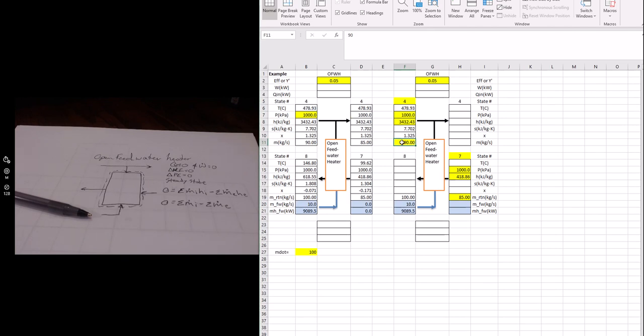So I have this mass flow rate minus 5% of this, the total mass flow in the power plant. So I'm going to do this one first. So equals this minus 5% of this total flow rate. And that's just how we define the fraction of flow that's diverted. Instead of being a fraction here, it's the fraction of the maximum flow in the power plant.